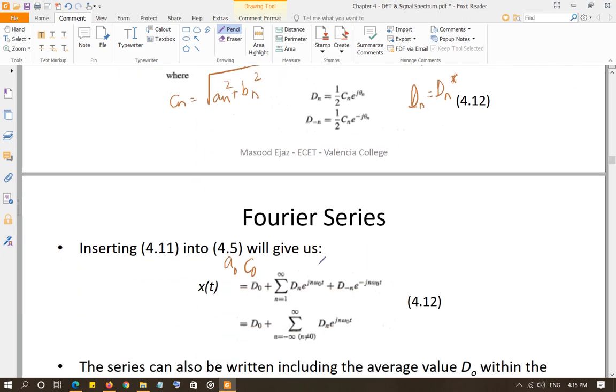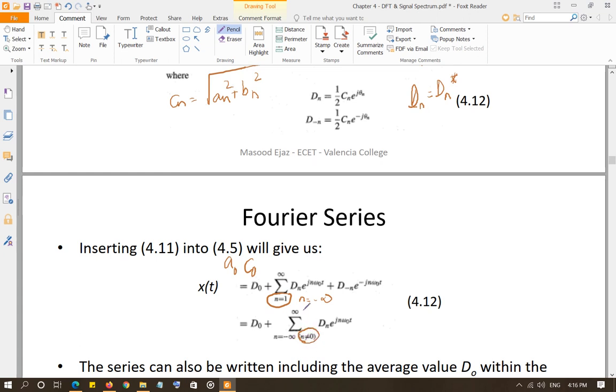And to combine these two terms, let's just combine them into one expression. Instead of starting at n equal to 1, we start at n equal to negative infinity, and we exclude 0 right now. So 0 is excluded right here.